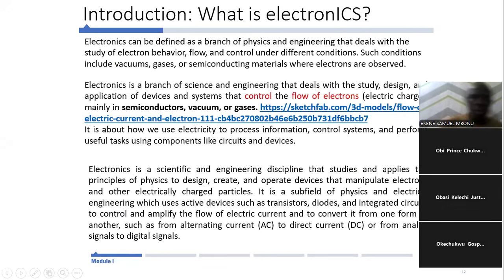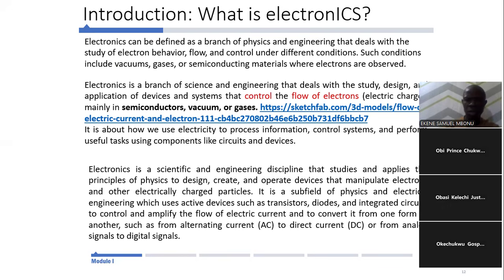Now, what is electronics? We want to design a power supply for an electronic system. It's important we have a good understanding of what electronics is all about. Electronics can be defined as a branch of physics and engineering that deals with the study of electron behavior, flow, and control under different conditions.